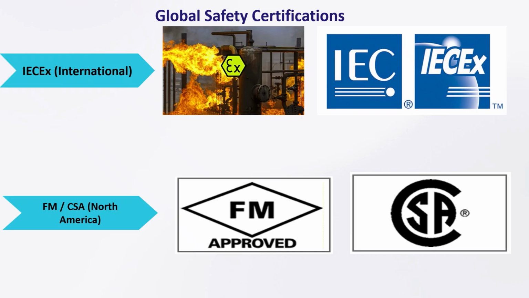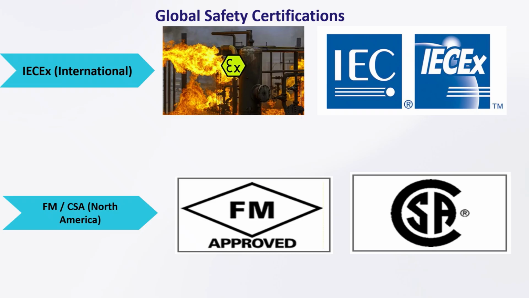Division 1 means continuous presence of the hazard, and Division 2 means it is present only occasionally. An example marking is Class 1, Division 1, Groups B, C, D, T6. These certifications ensure that the equipment meets the safety requirements of each local authority.